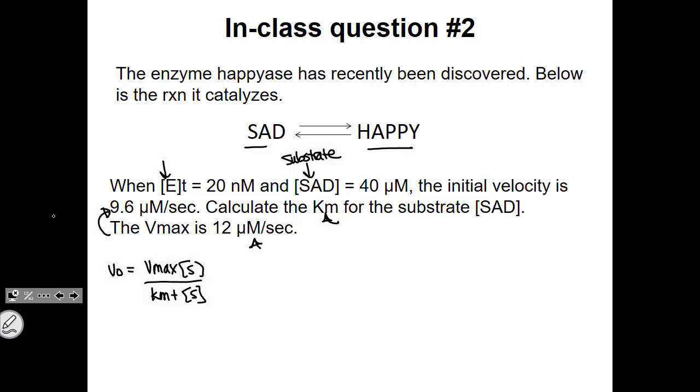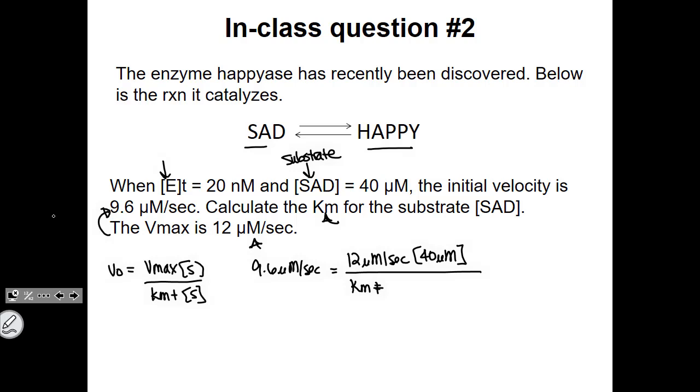So let's assign our variables. 9.6 micromole per second is equal to 12 micromole per second. Make sure those are in the same units. For this example, everything is in micromole, so that makes life easy, but just make sure everything is always in the same units so that they can cancel out.